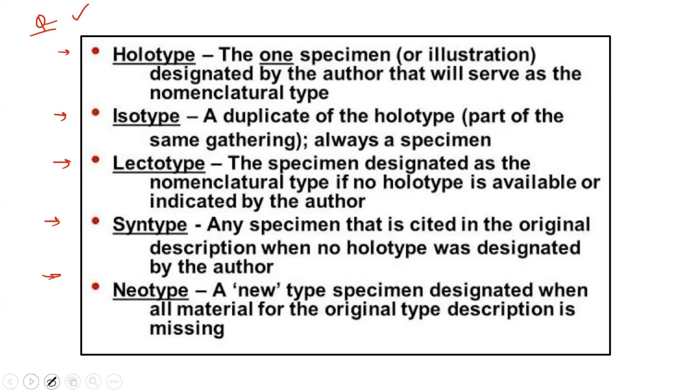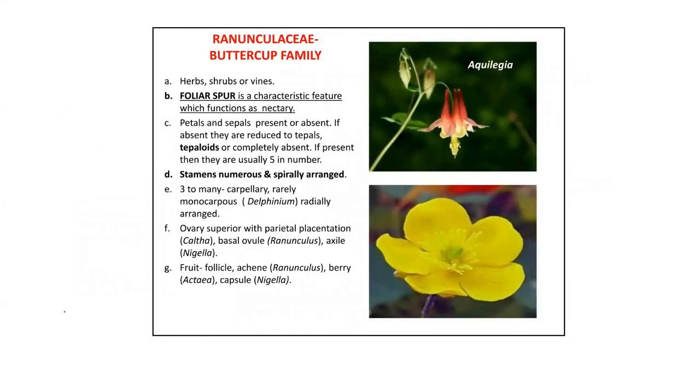And then let us talk about the different angiospermic families that are important. I have discussed a few families, you can just have a look at them, and from here you can get a question. The first important family that I am going to discuss is Ranunculaceae, commonly called the buttercup family.